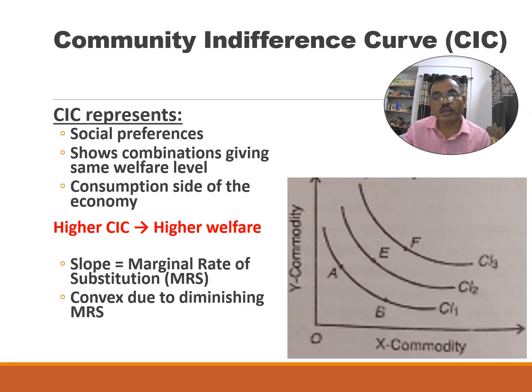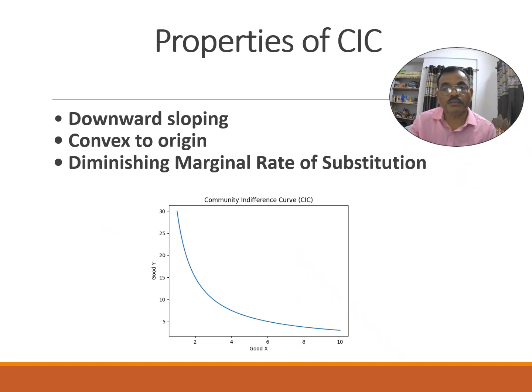Now let us examine the properties of this community indifference curve. To understand how preferences behave, we must look at the shape of the community indifference curve. The CIC, that means community indifference curve, has three main properties.